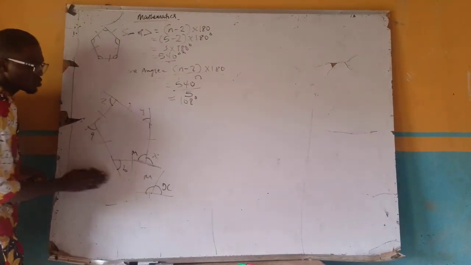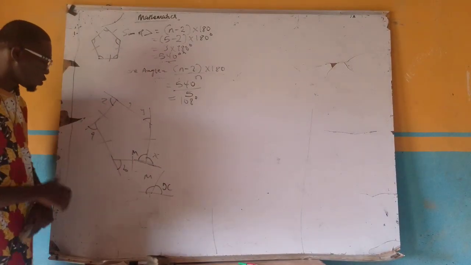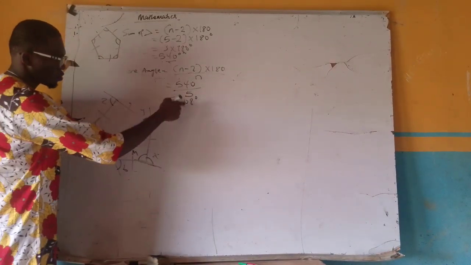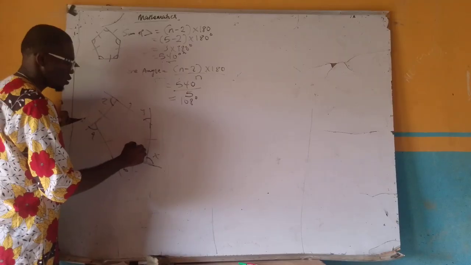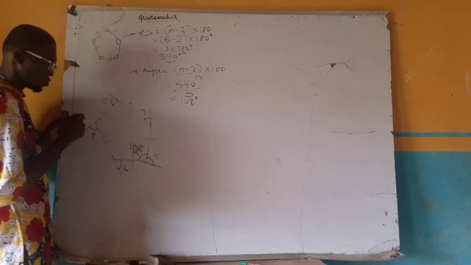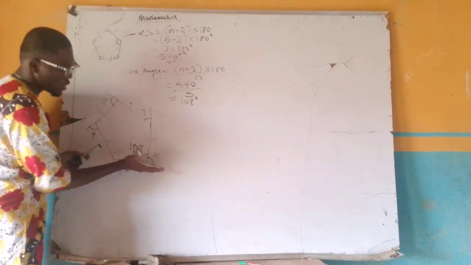Okay, so now let's solve this question. If they give us the interior angle as 108, how can we find the exterior angle? We already know that the interior angle is 108. Remember, this is an angle on a straight line.